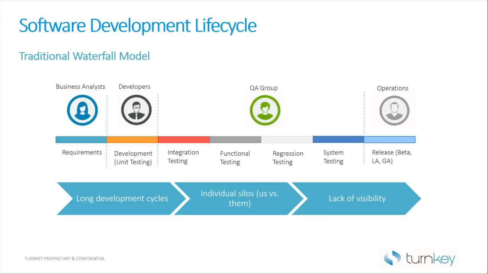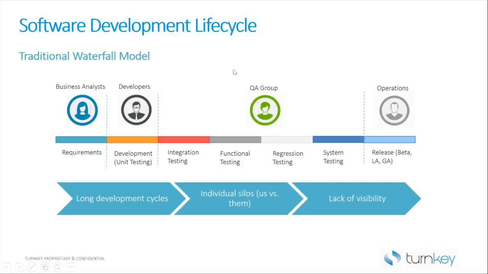So let's set the stage here by talking about the software development lifecycle and the traditional waterfall approach model. Typically, the software development cycle spans 1 to 4 years, while the maintenance phase spans an additional 5 to 15 years for many applications.